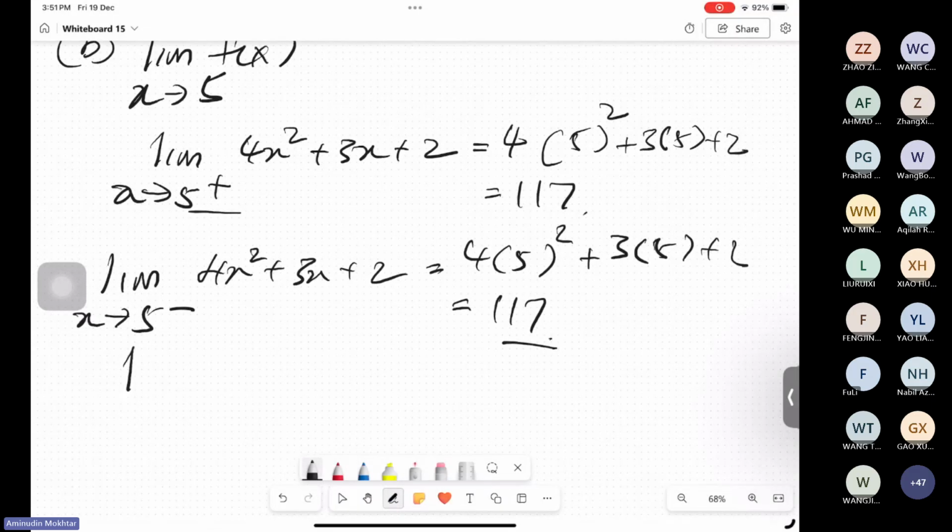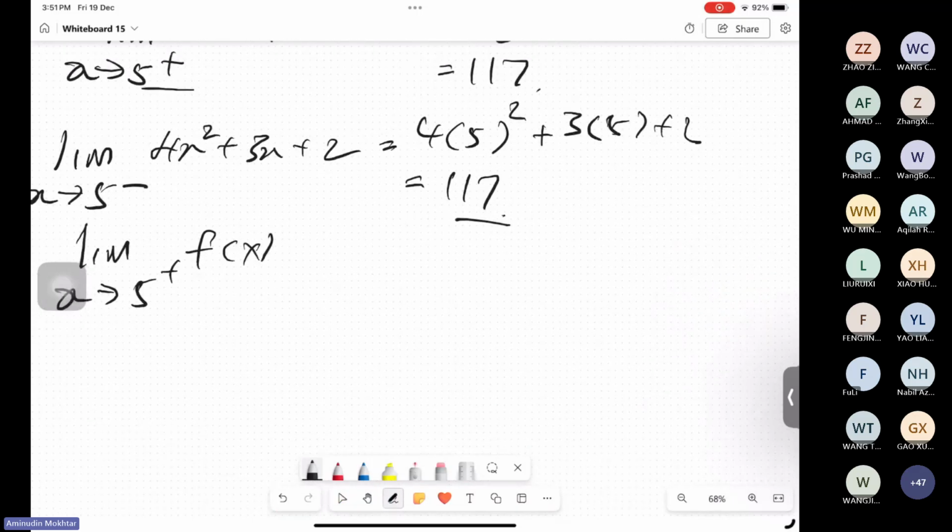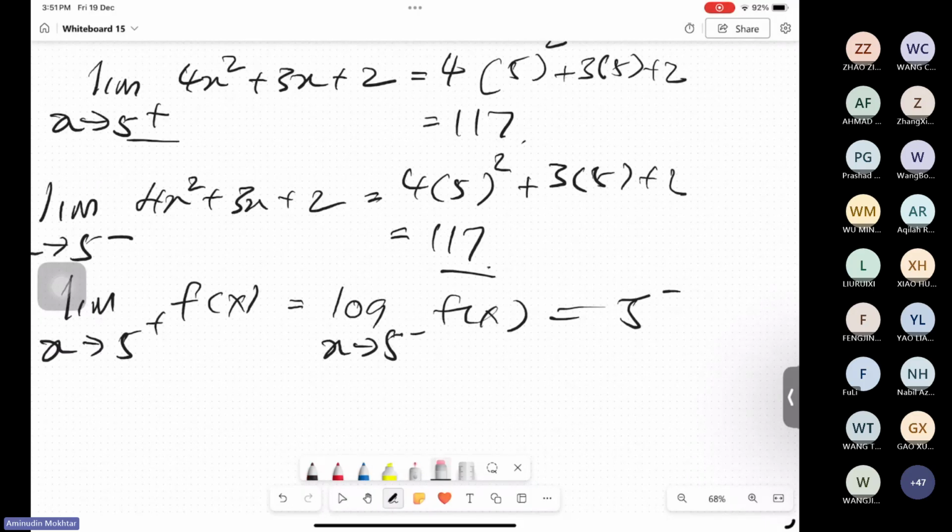The right-hand limit of f(x) as x approaches 5 equals the left-hand limit of f(x) as x approaches 5, and the answer is the same. The answer is 117.